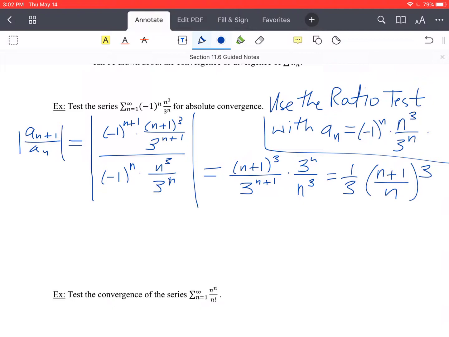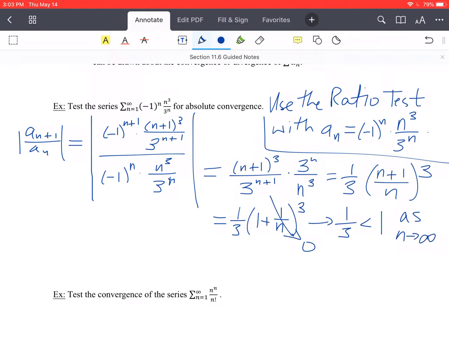And then if we expand this out over that common denominator, this becomes 1/3 times 1 plus 1 over n cubed, which as n goes towards infinity, the limit of that heads towards 0. So that means we have 1/3 times 1. So that approaches 1/3, which is less than 1 as n goes towards infinity.